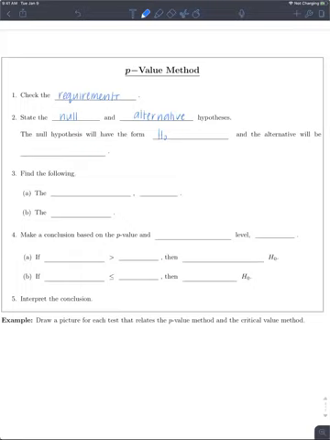It's the exact same thing we had up there. H1 is either less than, greater than, or not equal to P naught. But here is where it starts to change.